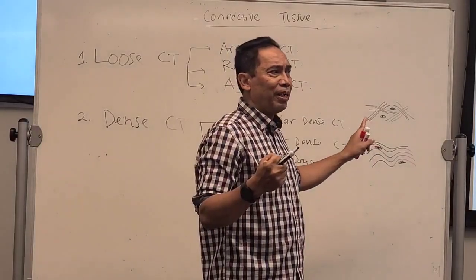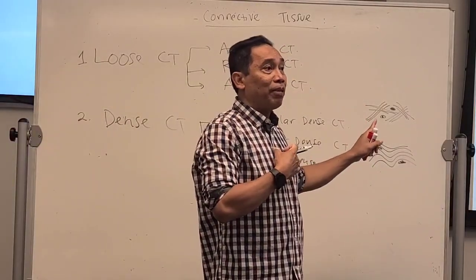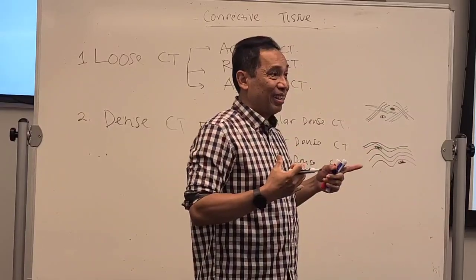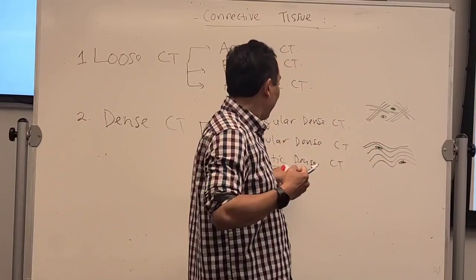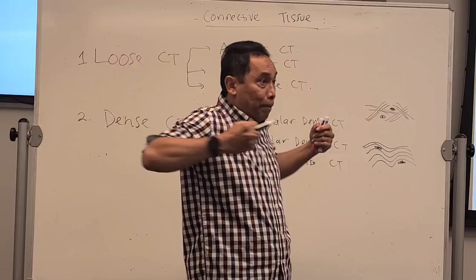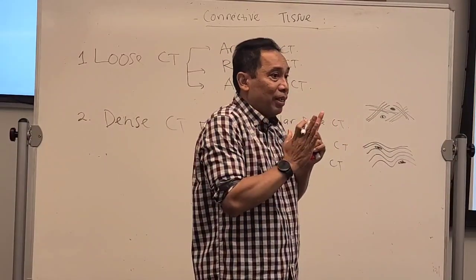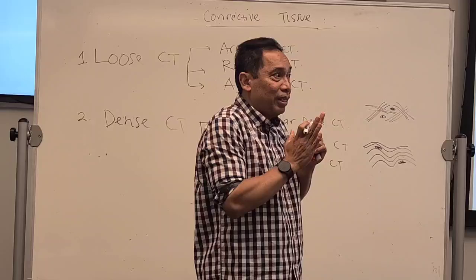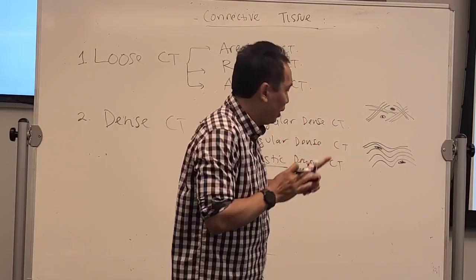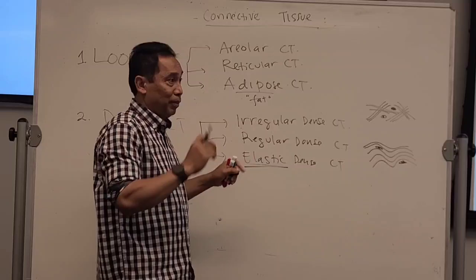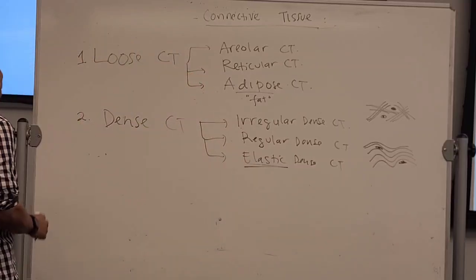Anybody know what aorta is? It's the biggest blood vessel that receives the blood from the heart. So it has dense elastic tissue. It can become bigger when it receives the blood, and then go back to the regular shape when there is no pumping. Right? So it consists of elastic dense connective tissue. You got this one?